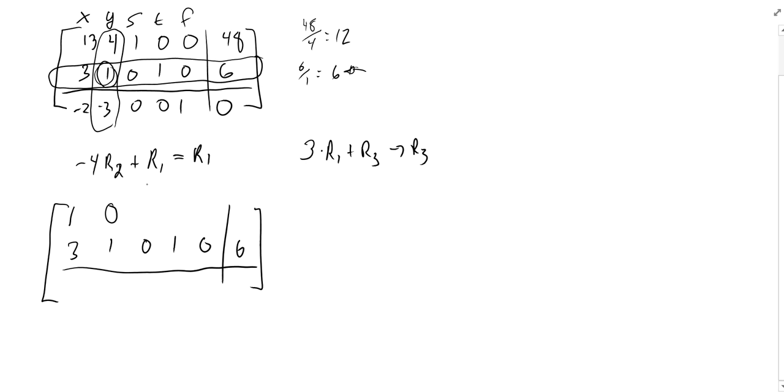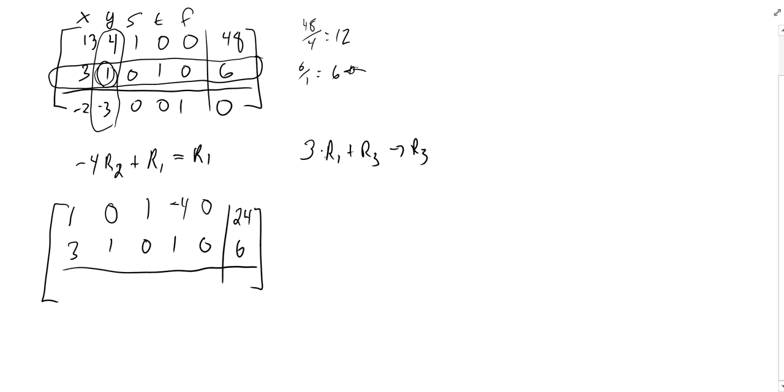Negative 4 times 0 plus 1 stays 1. Negative 4 times 1 plus 0 becomes negative 4. Negative 4 times 0 plus 0 becomes 0. And then negative 4 times 6 is negative 24. Negative 24 plus the 48 gives me a positive 24.